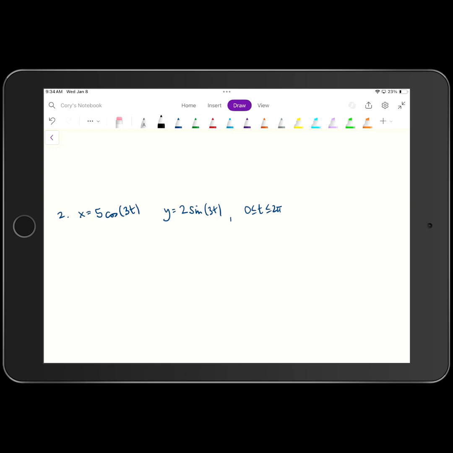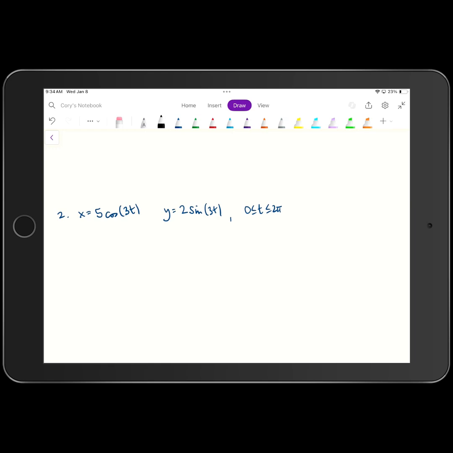So what does that mean? That means that your graph on the interval from 0 to 2 pi is going to have more periods than the graph will when the argument for both cosine and sine is t, like we had in the previous example. So the graph of cosine and the graph of sine are going to repeat themselves 3 times on the interval from 0 to 2 pi.